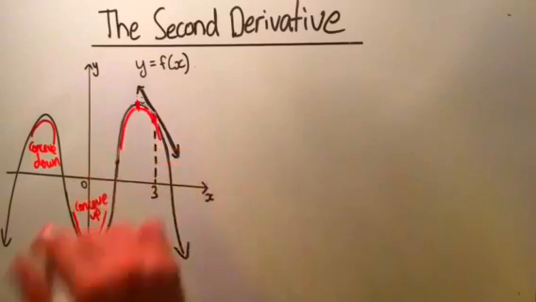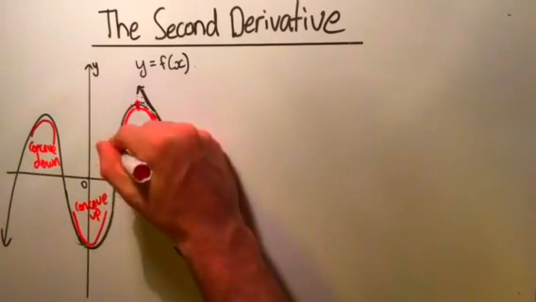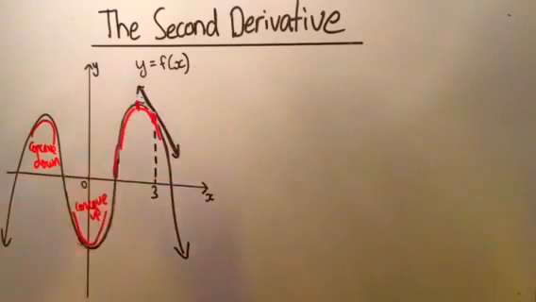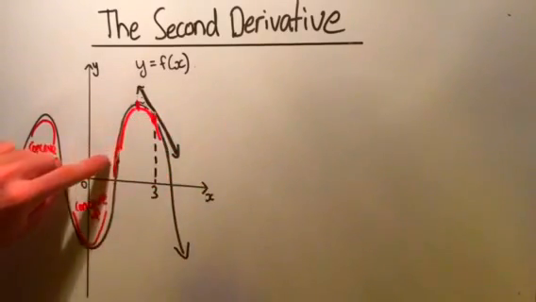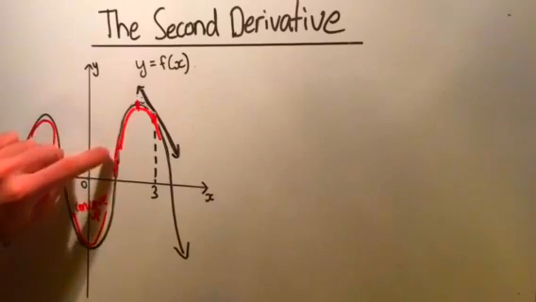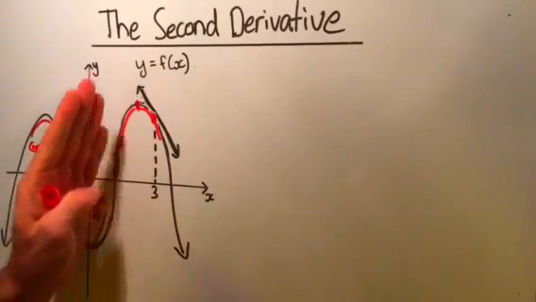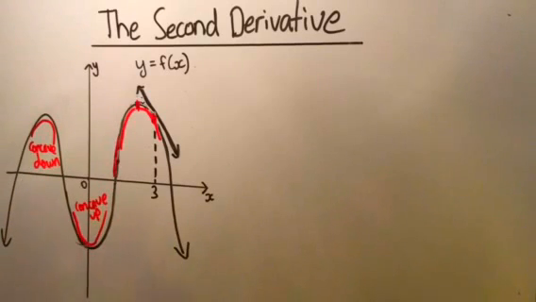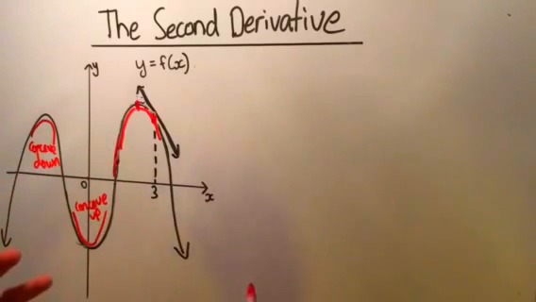Because when I draw the tangents up here, there's a tangent at that point, and there's a tangent at that point. Is there much of a difference between these tangents? No, they're almost the exact same gradient. And the second derivative tells you how much steeper the curve is getting. Does it get much steeper there? No, there's barely any change.